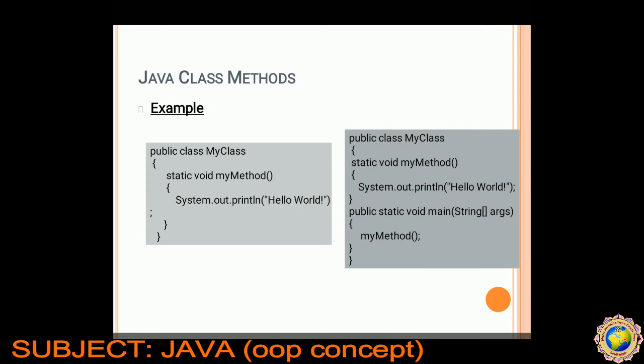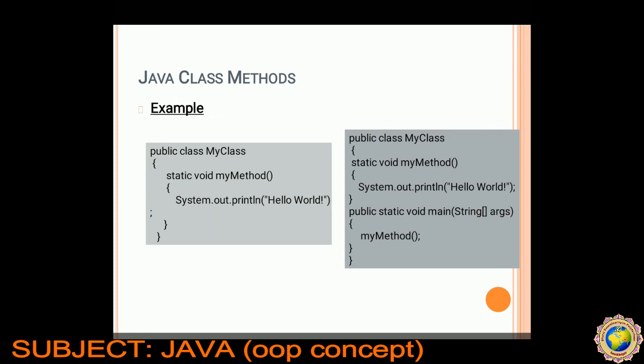So now, Java class methods. A class with only data cannot respond to any message. So we must add the methods that are necessary for manipulating the data contained in the class.